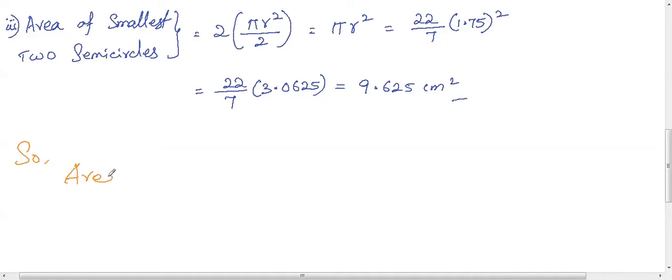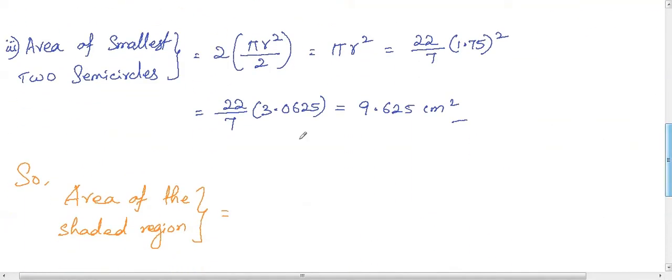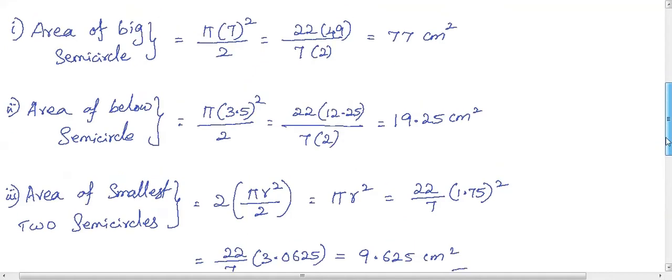So finally, the area of the shaded region is equal to the area of the big semicircle plus the area of the semicircle below minus the area of the two small semicircles.